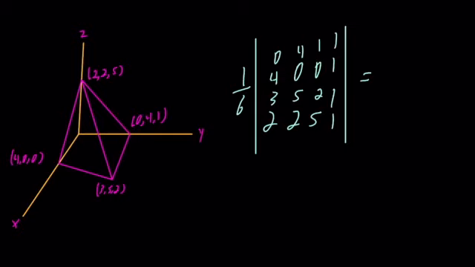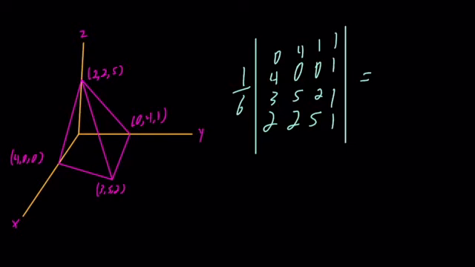It's simply 1/6 times the determinant of this 4x4, and you can plug this into your calculator, or you can expand by the second row. I would recommend expanding by the second row, because you're only dealing with 2 entries.